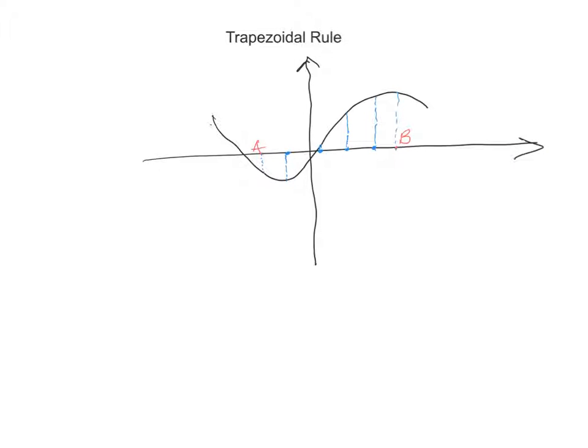Trapezoidal rule is a first degree Newton-Cotes approximation of a definite integral. Suppose that we have this graph of the function f, and we want to integrate f over the interval a to b.